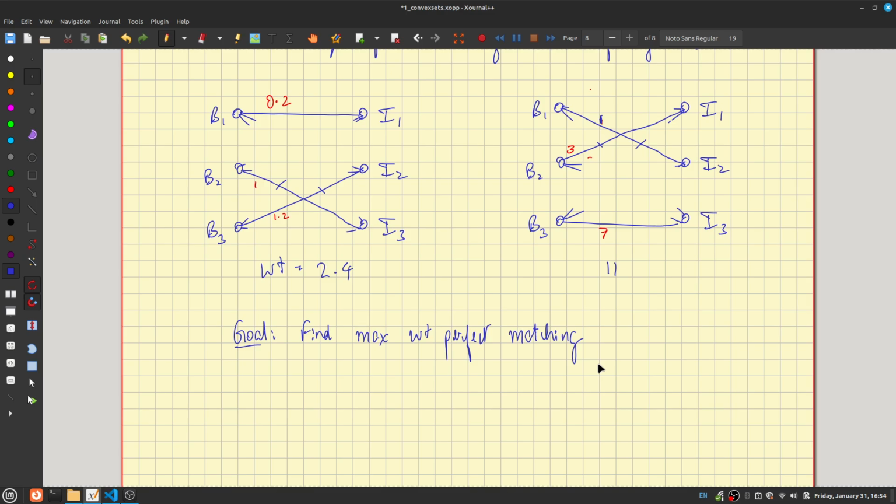Fine. Now, what is a brute force approach to solving this? Yeah, so you basically look at all possible perfect matchings. How many perfect matchings can you have? There are n factorial perfect matchings. In fact, if you think about it a little, a perfect matching just corresponds to a permutation.